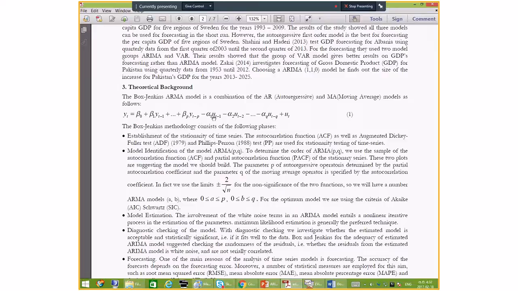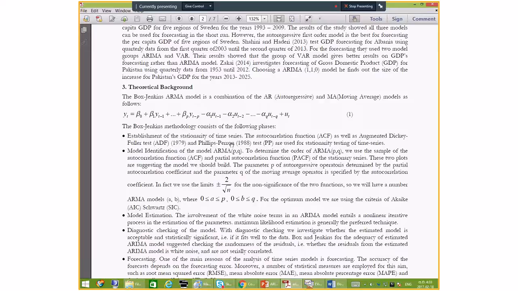After that, it is errors: last year's error, the lag errors, 2 lags up to Q lags. Then the total current error term.